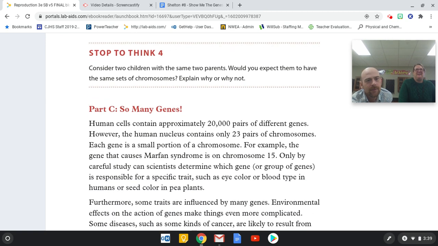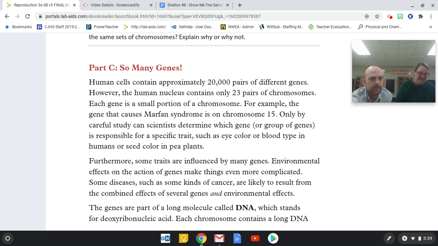All right. Part C says this: so many genes. Human cells contain approximately 20,000 pairs of different genes. However, the human nucleus contains only 23 pairs of chromosomes. Each gene is a small portion of a chromosome. For example, the gene that causes Marfan syndrome is on chromosome number 15.